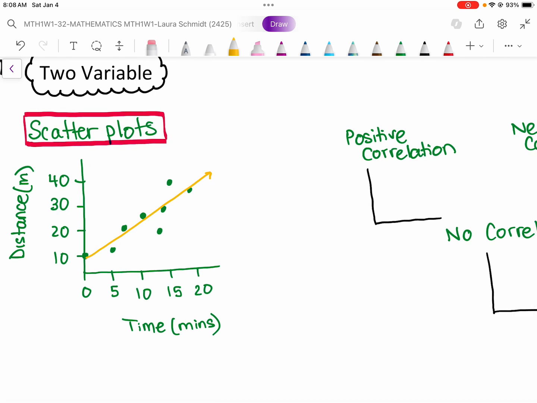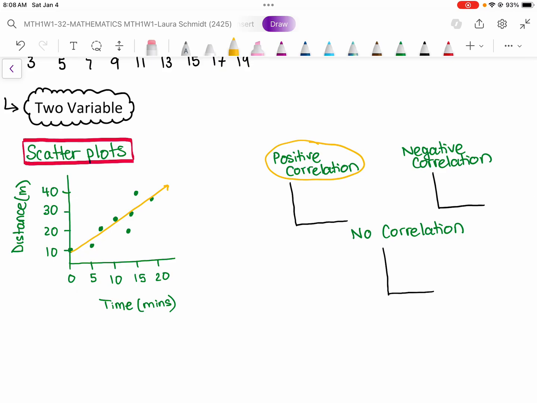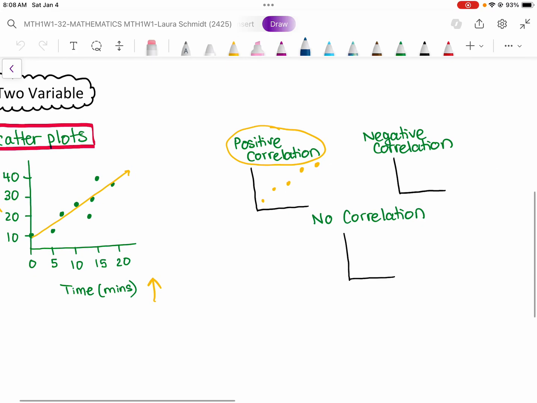So I can see that this situation would represent something called positive correlation, which means as time increases, distance increases. So both variables are increasing. In a positive correlation graph, all of our points are going up to the right. In a negative correlation, the thing on the bottom is still going up, but the thing on this side is going down.